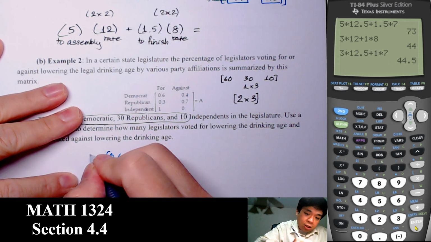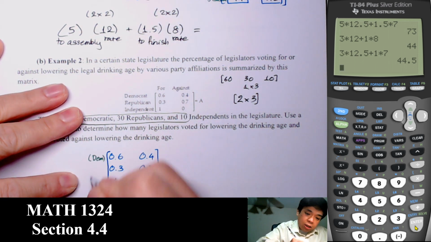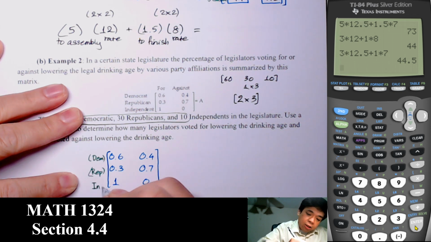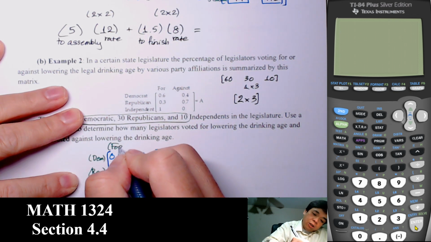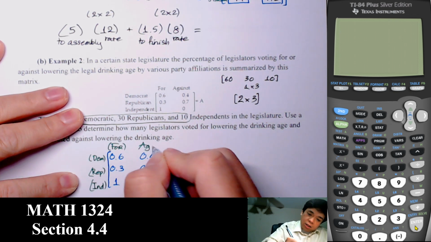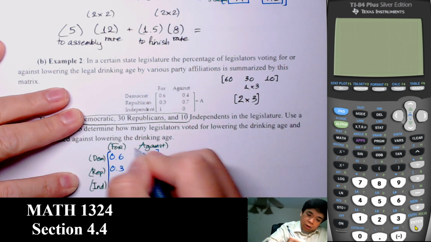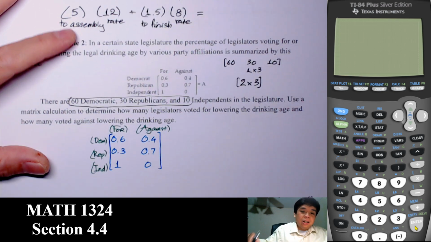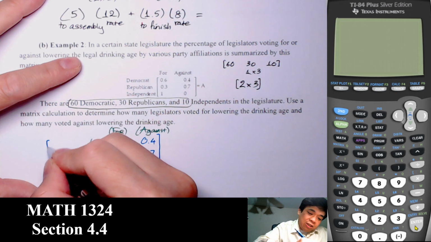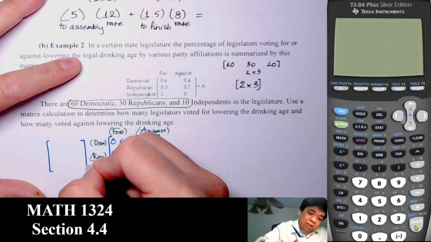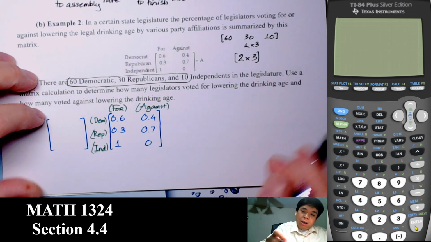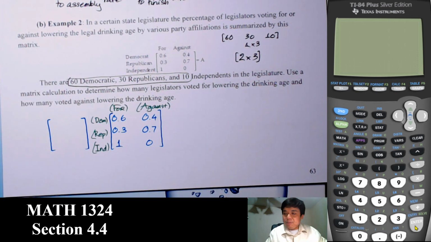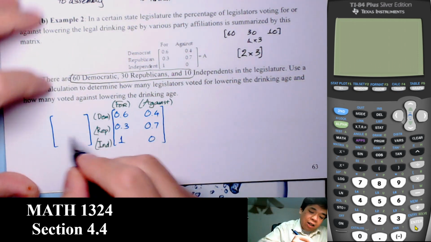So let's just say it, Democrat, Republican, Independent, and then this is for and against. Sorry, that is not the matrix I want.